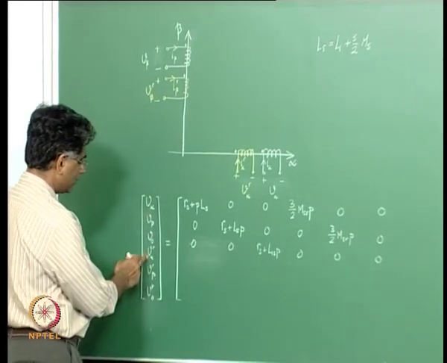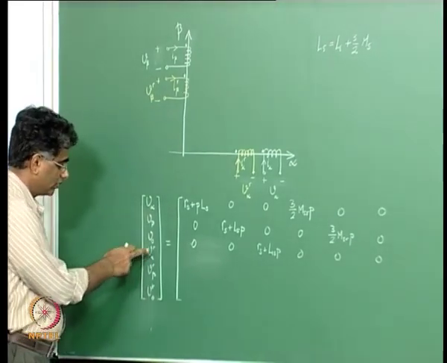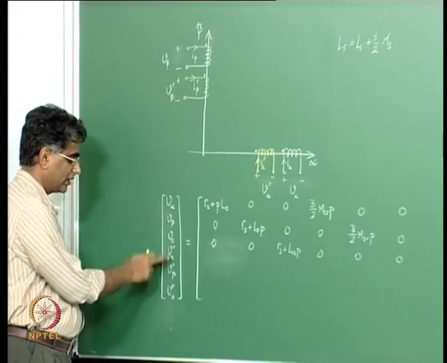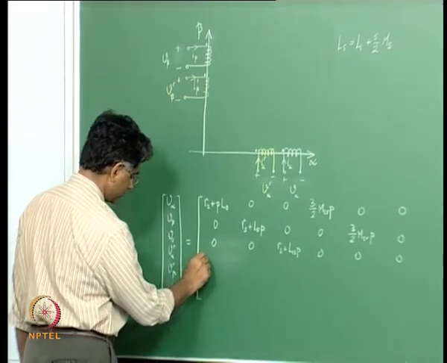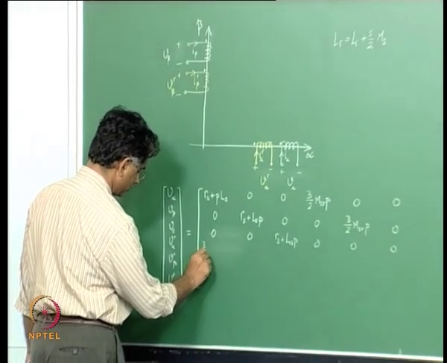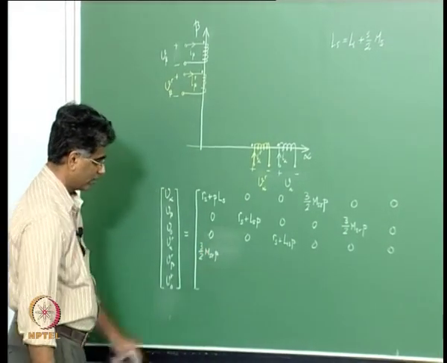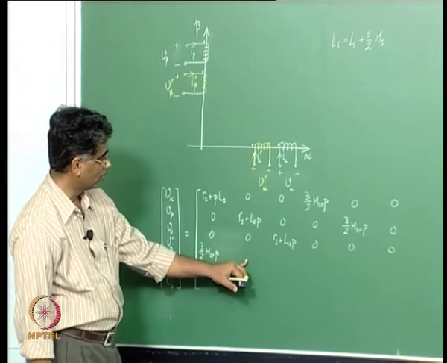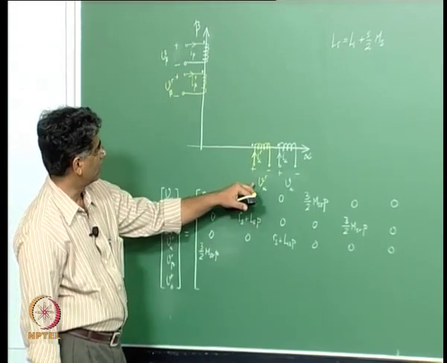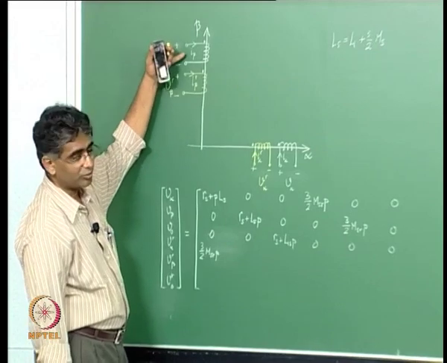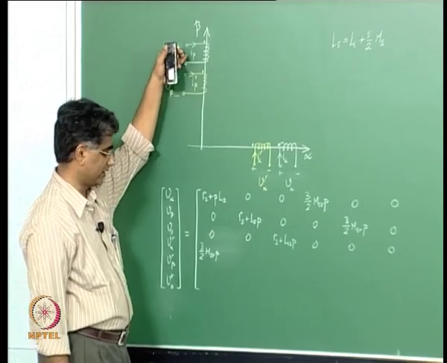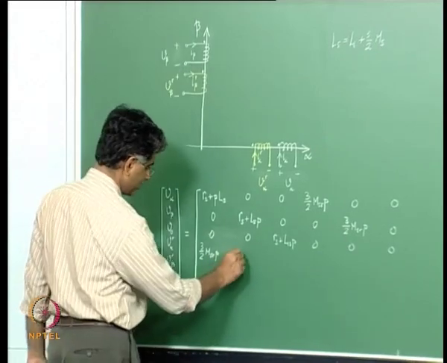The first term then relates to the coil on the alpha axis, and therefore this is a transformer EMF term. So, you have 3 by 2 times MSR into P, whereas the second term relates to, for this coil, what happens due to flow of current in the beta axis, and therefore that is a speed EMF term.